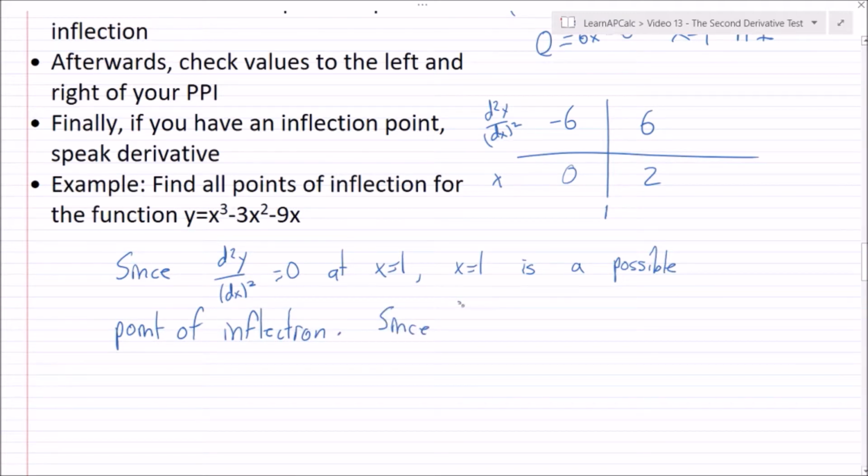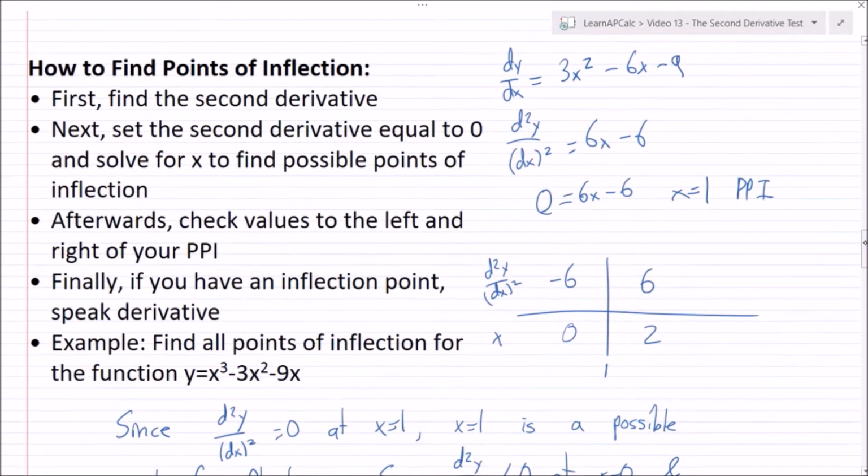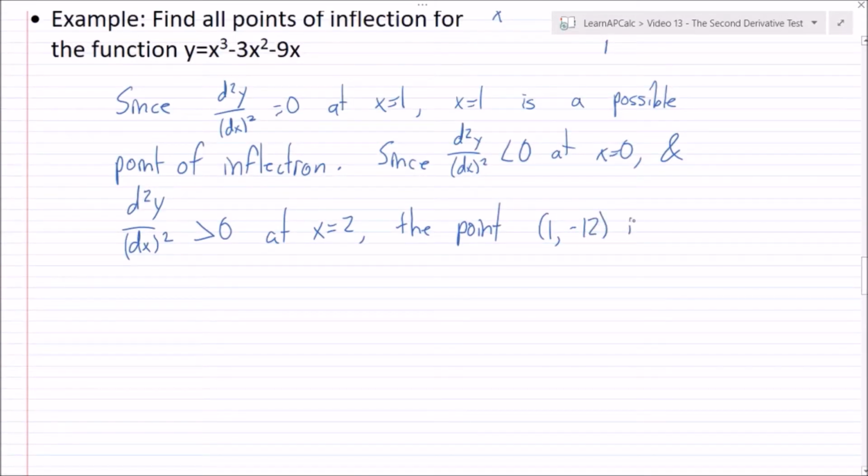Since d squared y dx squared is less than 0 at x equals 0, and d squared y dx squared is greater than 0 at x equals 2, the point 1 comma, and then let me plug that in, 1 minus 3 is -2, I mean 1 minus 3 minus 9 is -11... okay, 1 comma -11 is an inflection point.